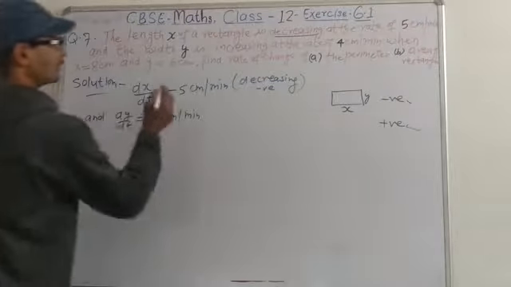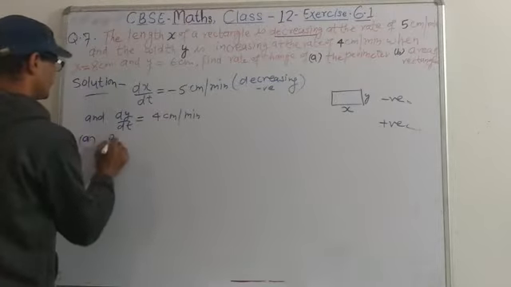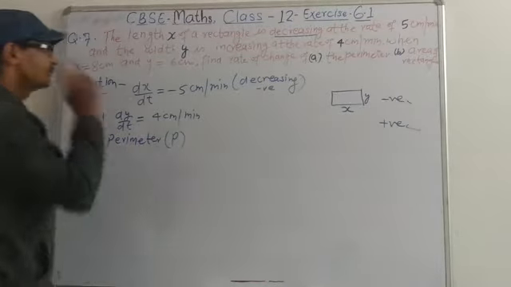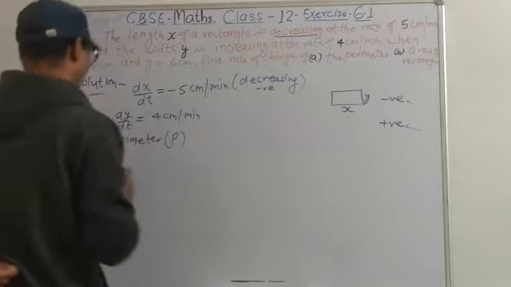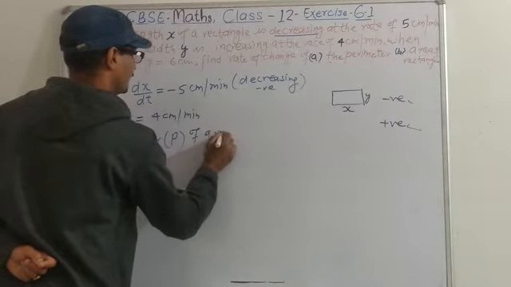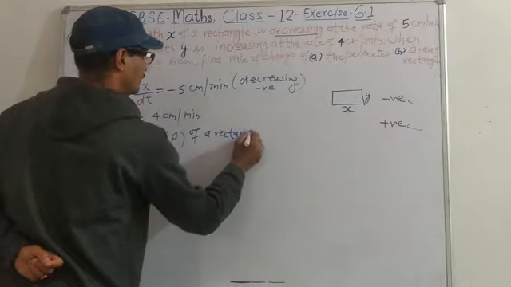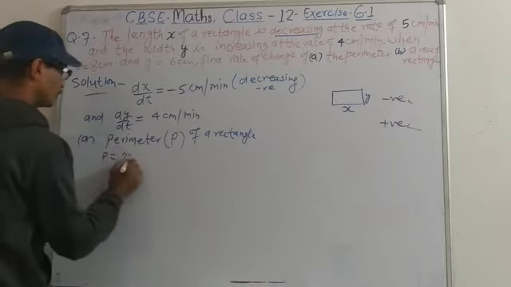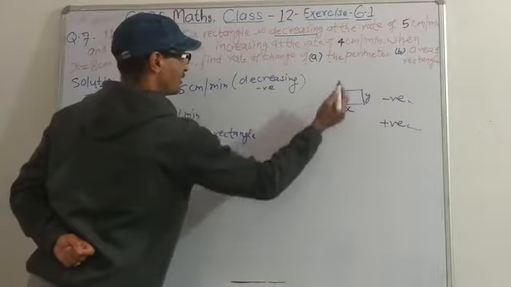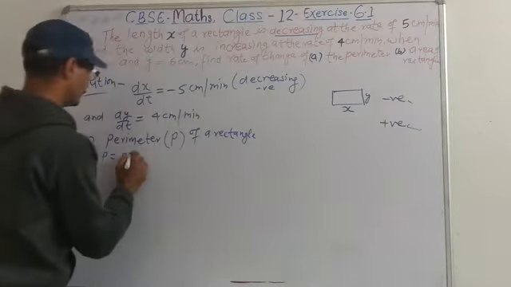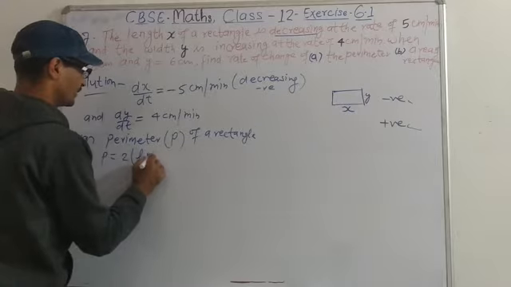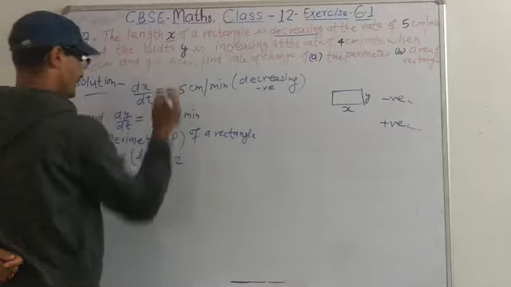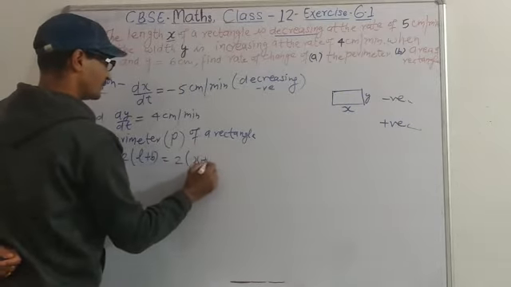So part A, perimeter, symbol is P. We are going to find it for the rectangle. What is the formula? P is equal to 2 into (length plus breadth). Perimeter means sum of all sides, and the formula is 2 into length plus breadth, equal to 2, length is x, x plus y.